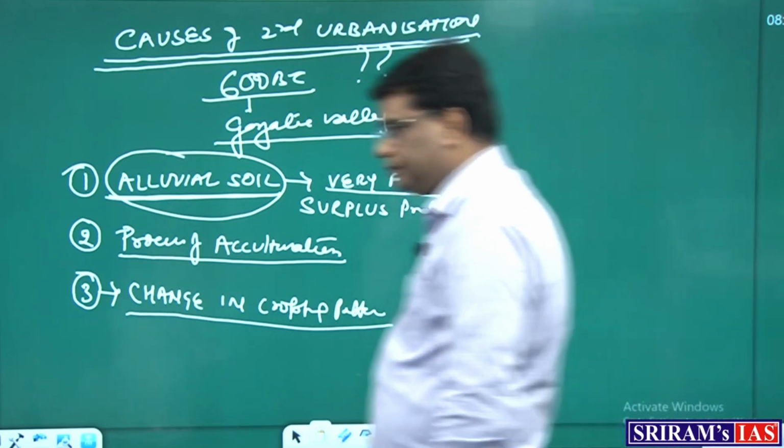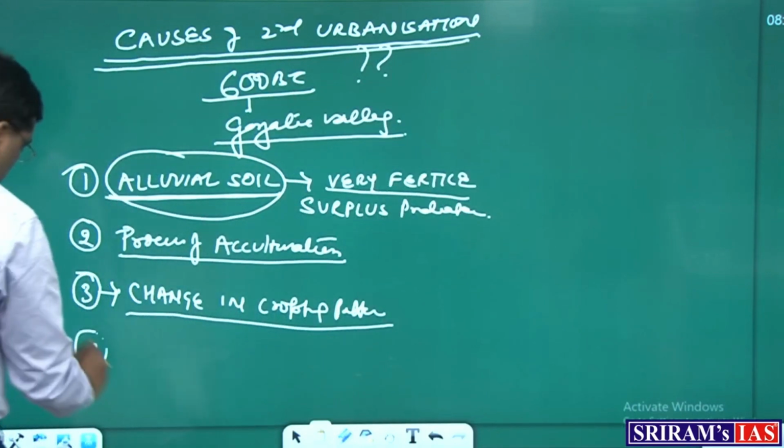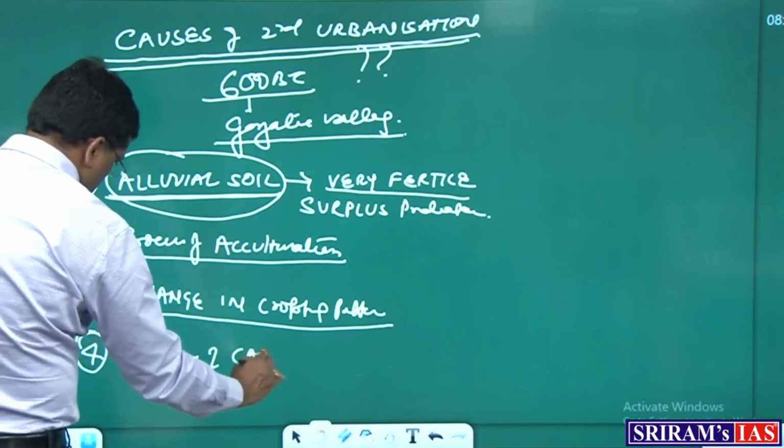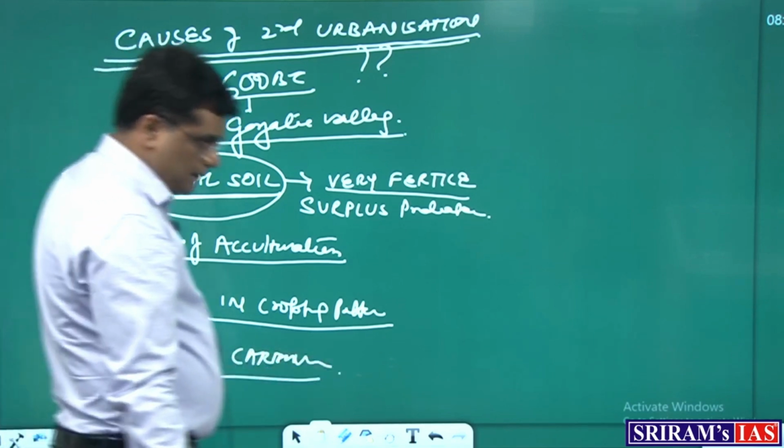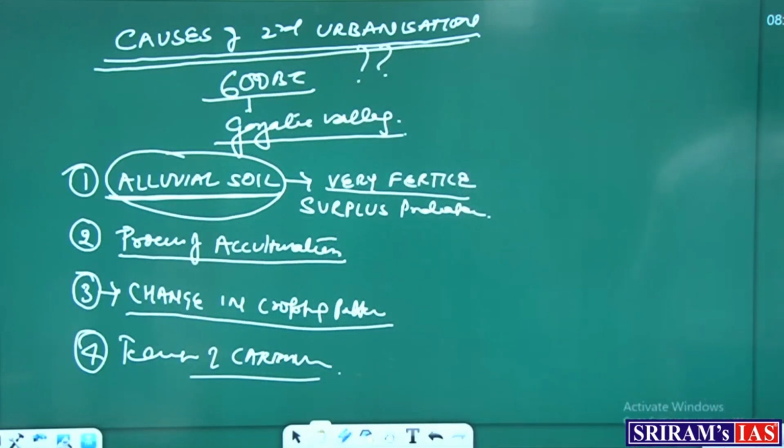Fourth is technique of carbonization. In Gangetic Valley, it was difficult to tap the fertility of soil because of its hardness.